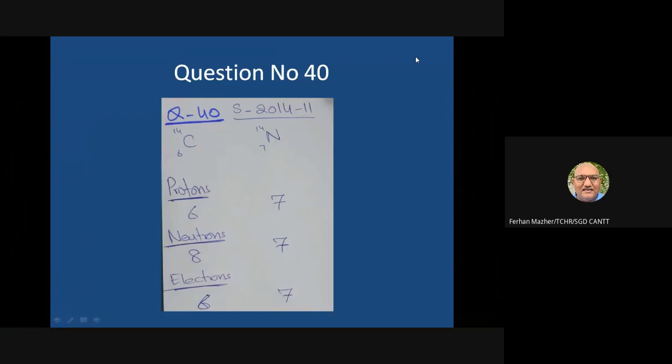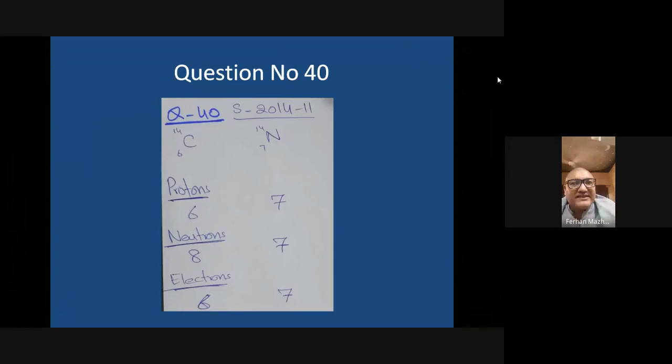So you can see the proton numbers in the carbon are 6, the proton numbers in the nitrogen are 7, the neutrons in the carbon are 8, and the neutrons in the nitrogen are 7, and electrons are 6 in the carbon, and in the nitrogen there are 7.